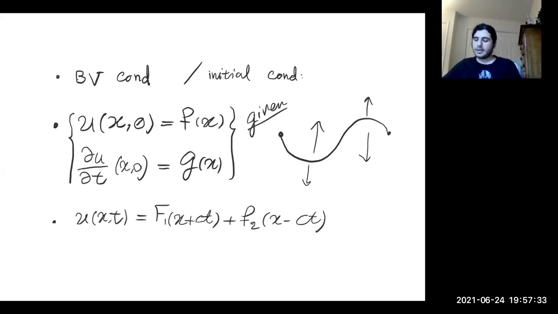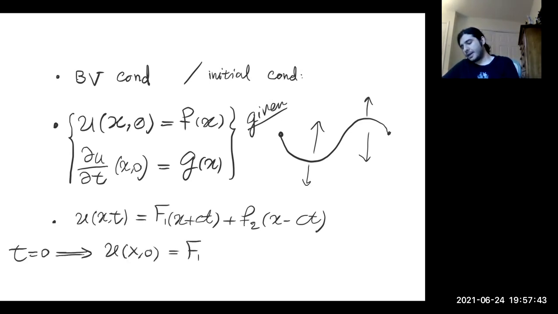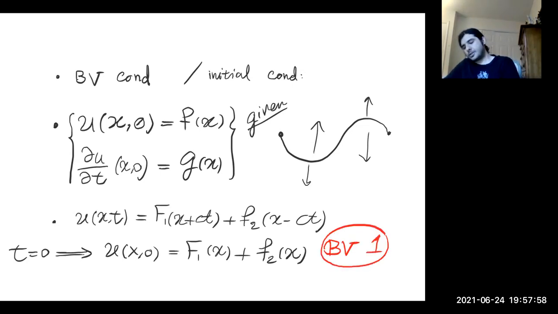For the initial condition, we are assuming t is 0. So let t be 0. Then u of x and 0 is equal to F1 of x plus F2 of x. This is one boundary value condition. Let's call this boundary value condition number 1, which corresponds to this thing inside the red box.